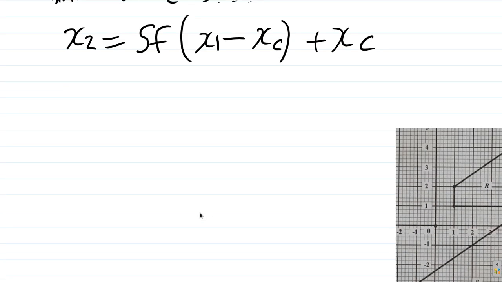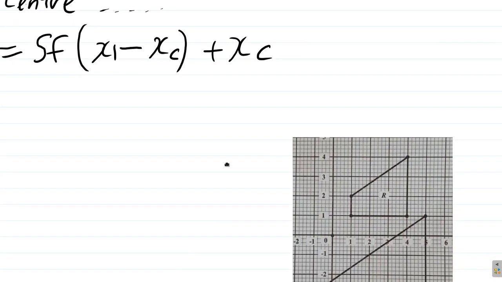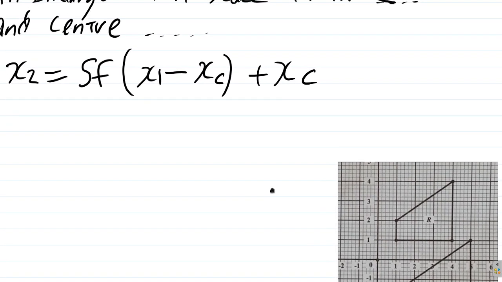But here, x2, the second object, or you can say the image. The original one is the object. The image here.